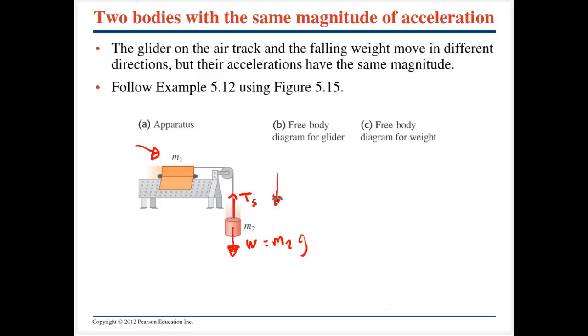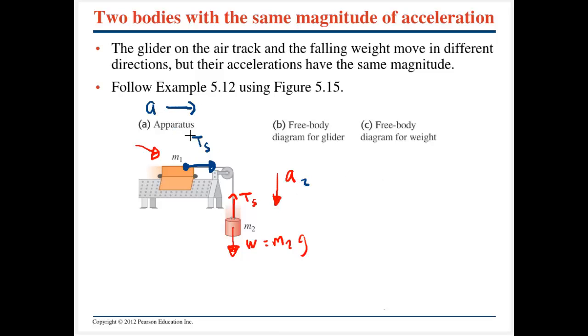So in your mind's intuition, you would say that this guy must be accelerating in that direction. Now let me draw the components on this mass right here. The only thing that we have acting on it is going to be the tension in the string.